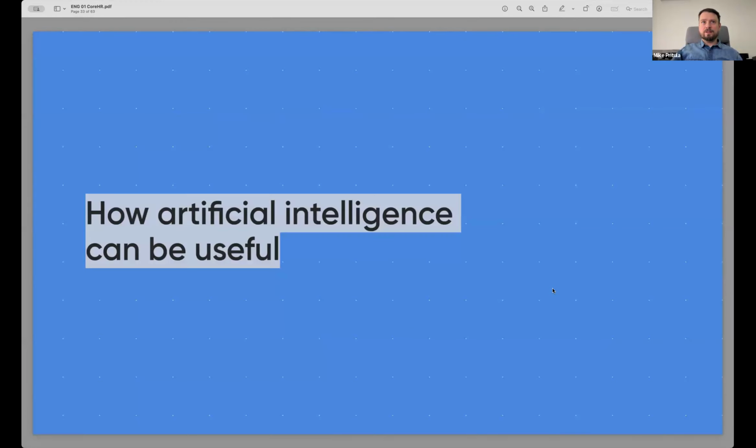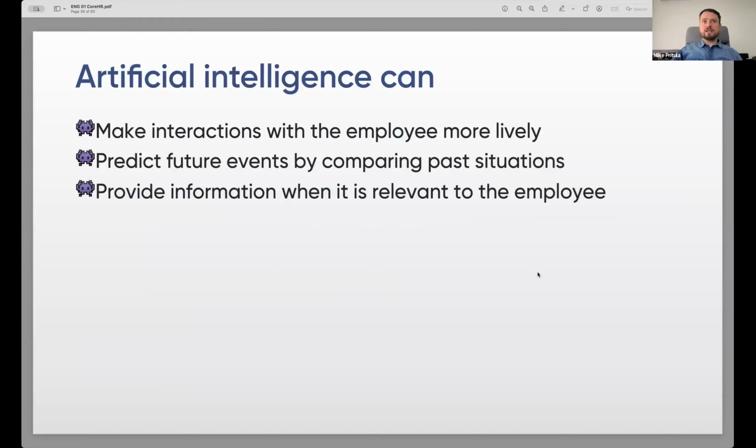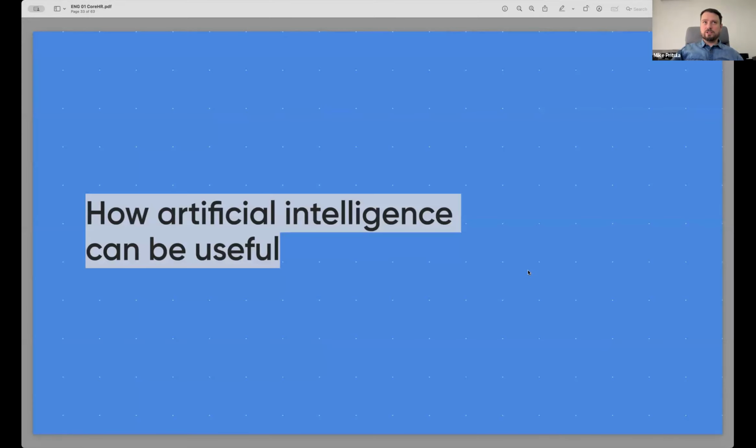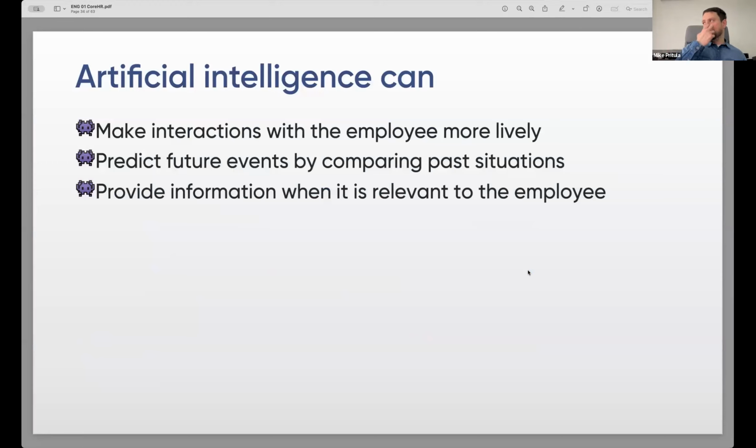So how can artificial intelligence be useful? Talking about artificial intelligence is very important during this course because so many systems are starting to use artificial intelligence. We even have a separate course, called AI in HR work. And you know, there are tons of different HR software for every direction: recruitment, sourcing, onboarding, talent management, performance management, and other stuff. Every day, at least one new HR software starts using AI in its work.